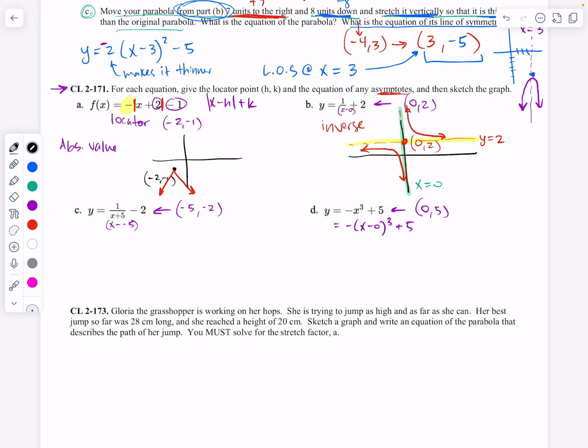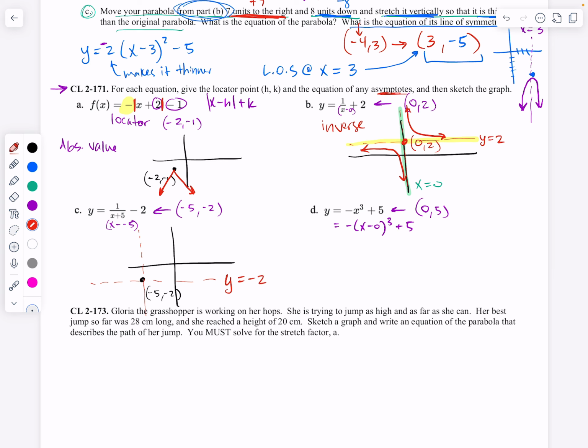So we're going to have another inverse graph, but now the locator is at -5, -2, so like over here. So we got -5, -2. And we're going to use the same asymptotes, a vertical one and a horizontal one. This line is going to be at y equals -2.